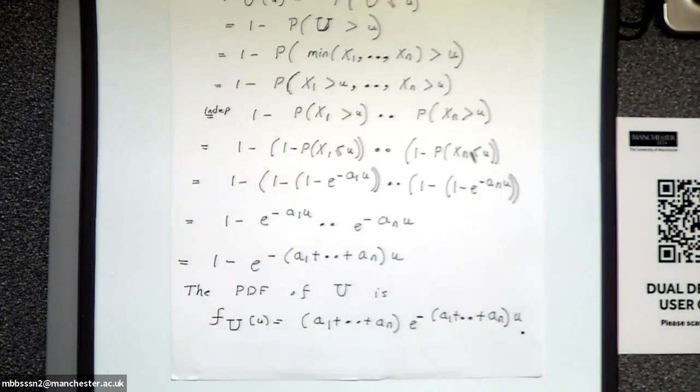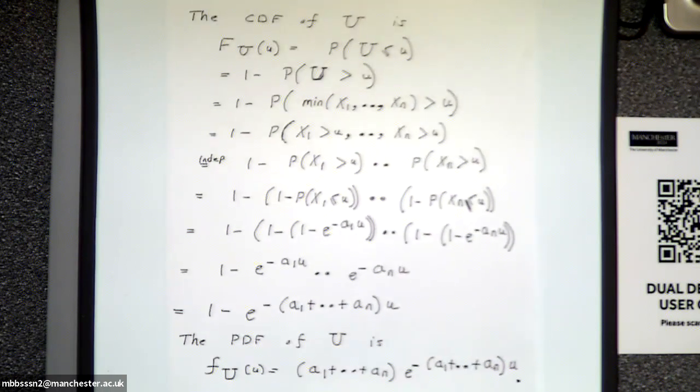Okay, guys, so that completes the first part of the question, which is to find the CDF and the PDF of U. You should be able to do the second part by yourself, that is to find the CDF and the PDF of V, which is the maximum portfolio loss. Please try to do that by yourself, and if you get stuck, let me know.